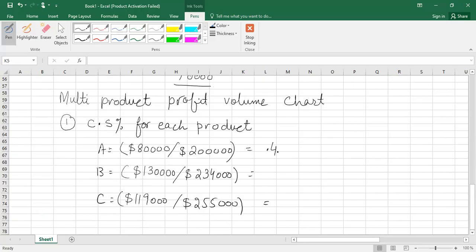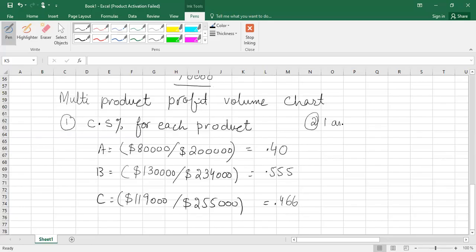For product B, 130,000 divided by 234,000, it is 0.55. Then 119,000 divided by 255,000, it is 0.466.